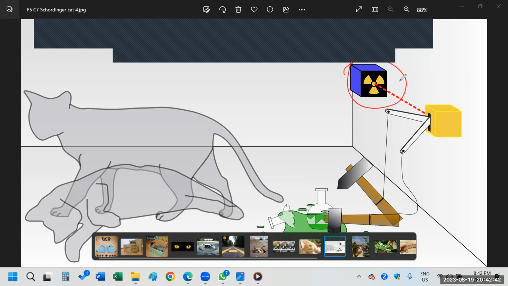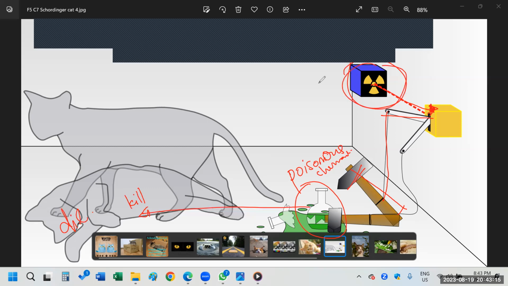If this radioactive substance suddenly gets extra radiation, then it will switch on the setting and break a poisonous chemical, and this chemical will kill the cat, so the cat dies. If there is no extra radiation, then the cat maintains alive.